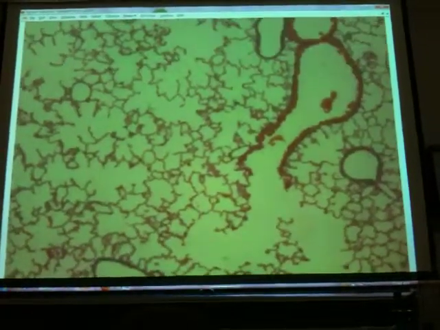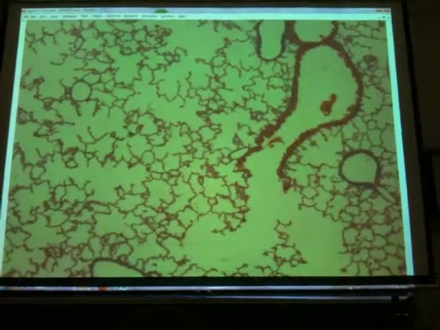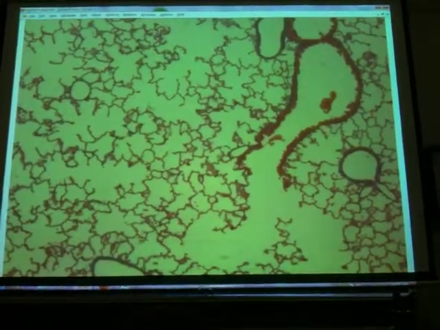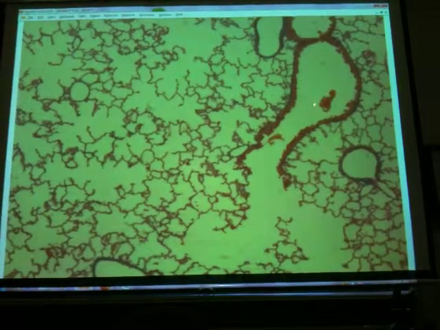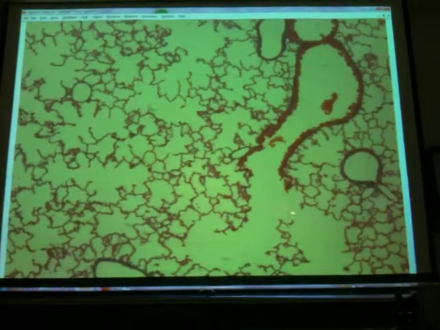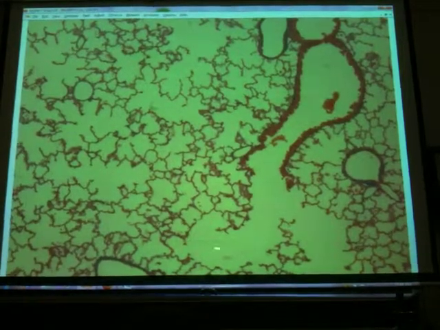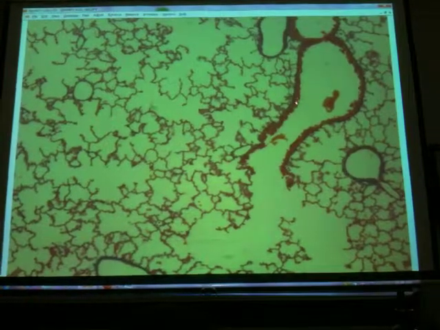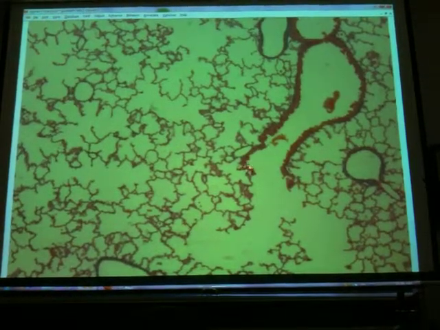I am going to show you another 2 slides of the lung because I think it facilitates understanding. That's just what I was talking about in the other one, the termination of the bronchiole passageway, dumping into an alveolar duct and leading into an alveolar sac region.